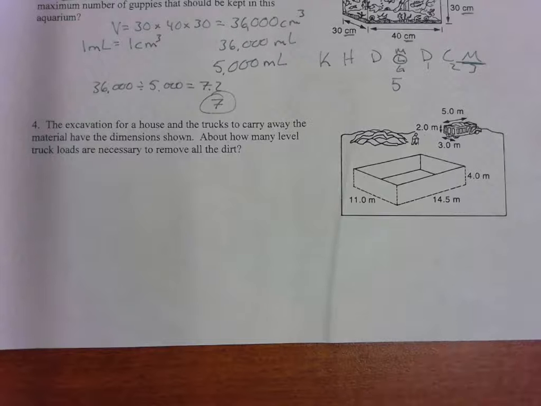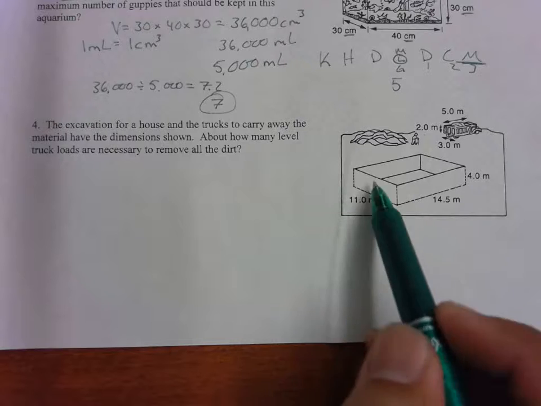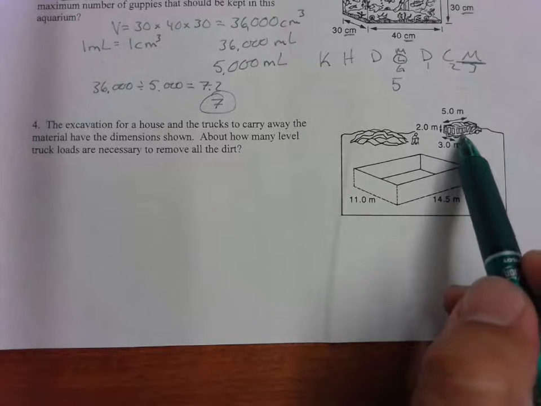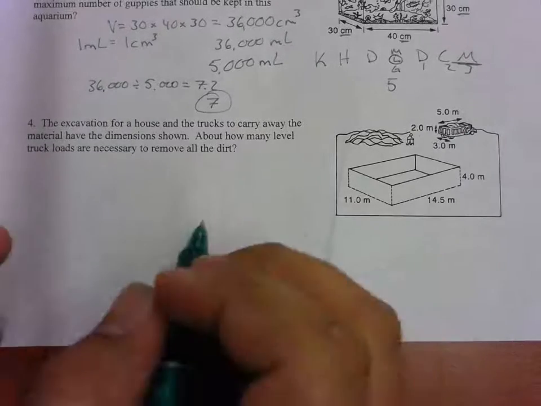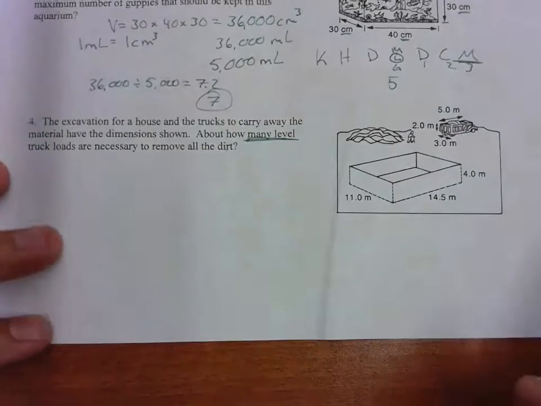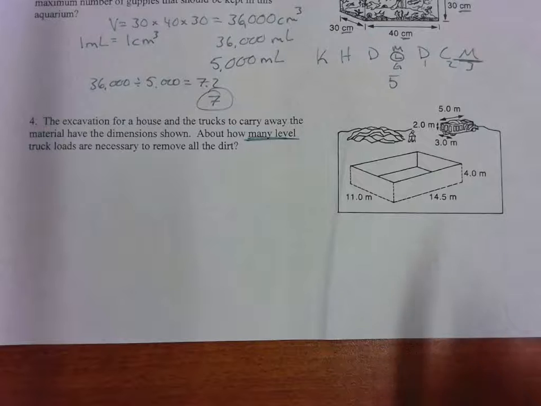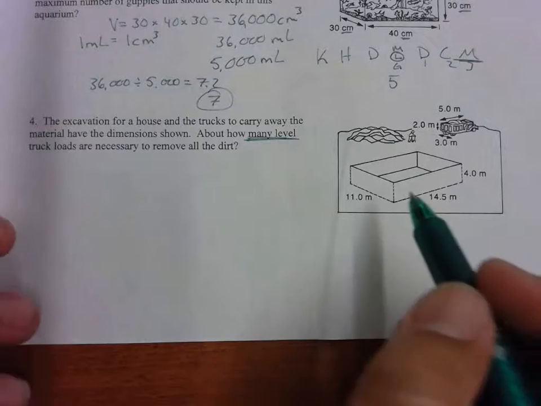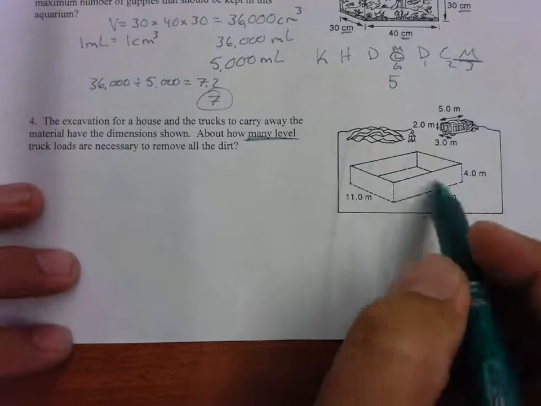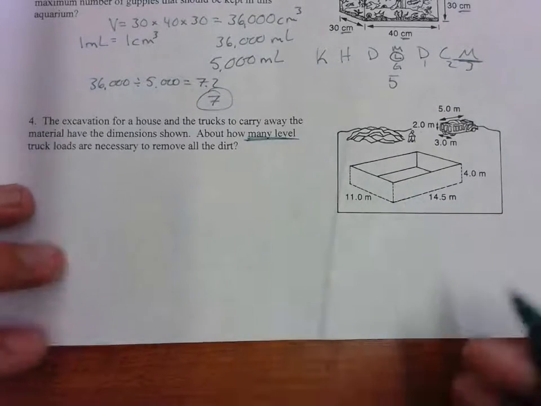So, you're digging a hole. This is the dimensions of the hole. This is the dimensions of your dump truck. You want to know how many truckloads. It says level. How many level truckloads is it going to take to get all of this dirt out of here? So you're trying to find the volume because you're trying to find what filled up that hole.